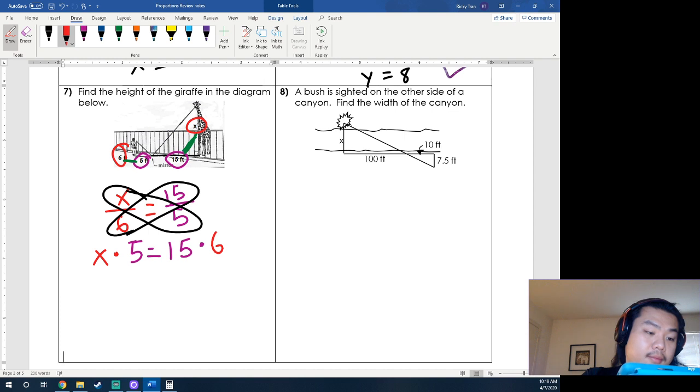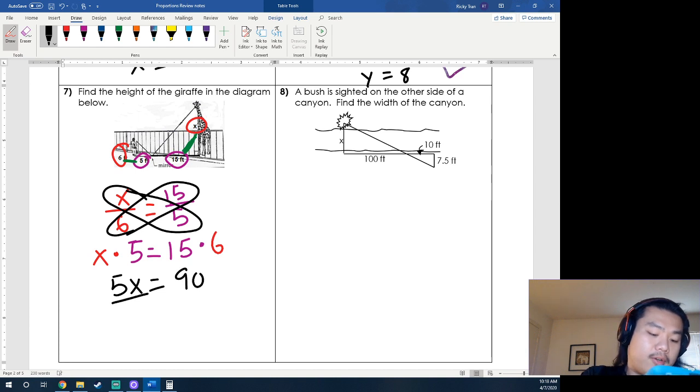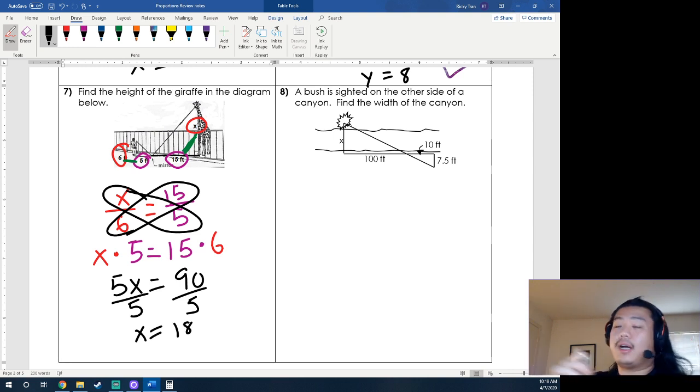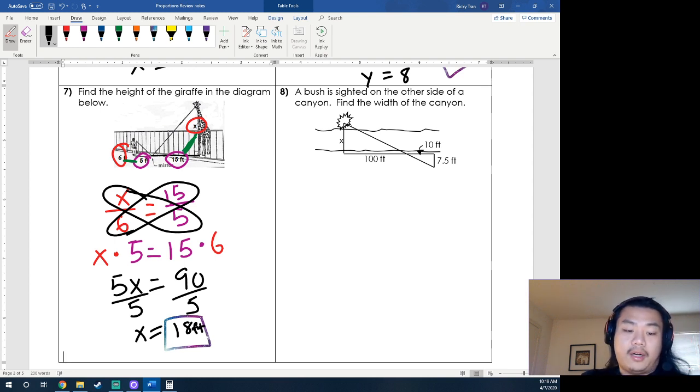Here we have 5x is equal to 6 times 15, or 90. Then we divide by 5. X is equal to 18. So therefore, the height of the giraffe is 18 feet.